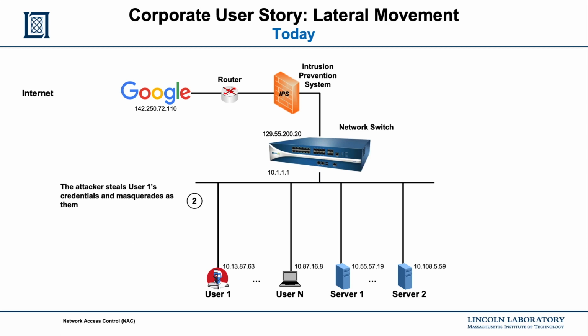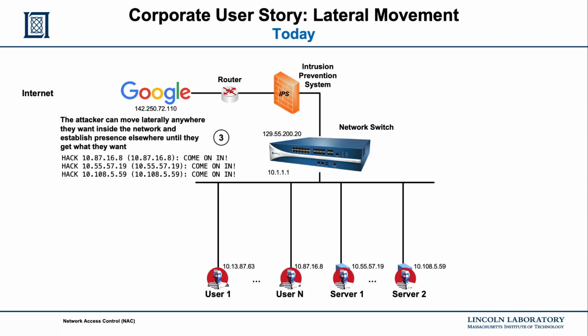And that's why their icon has changed from that little demon shape to a two-face icon indicated here. The complexity here is that they're using user one's credentials and appear to most of the systems as user one. They just don't always act like user one. And from there, because everything's connected, they can pivot and laterally move within this network and establish presence on other computers inside this network, amplifying their attack.